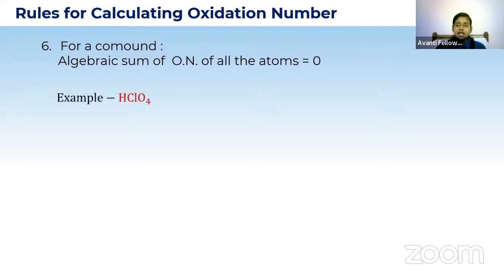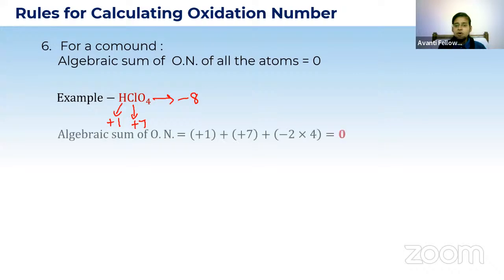The oxidation number of chlorine is +7, for hydrogen it is +1, and for oxygen it is 4 into -2, -8. If I sum up all these, what will I get? 0. So for any compound, the sum of the oxidation numbers of all the atoms should be equal to 0.